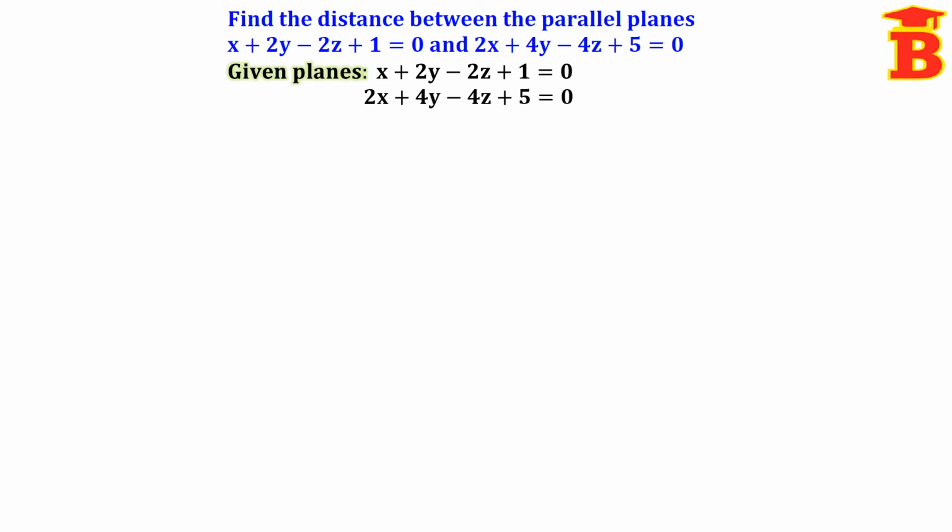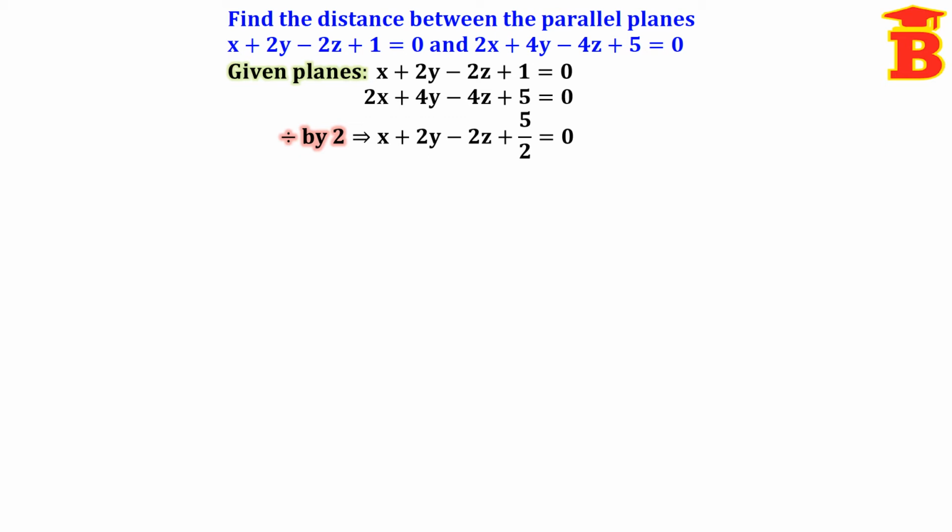Given that the planes are parallel, that means the coefficients of x, y, z should be equal. So for that we divide this second equation by 2. So we get x plus 2y minus 2z plus 5 by 2 equal to 0.